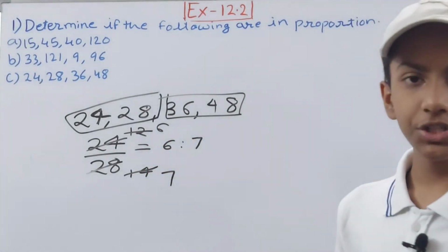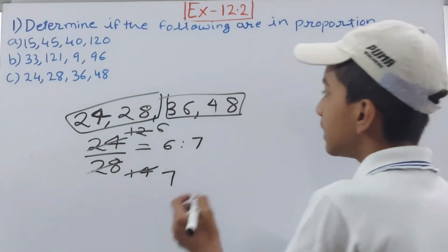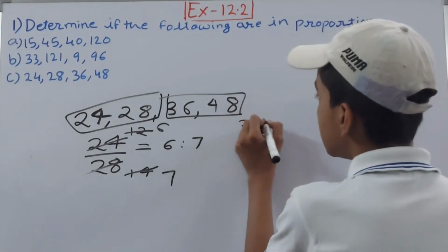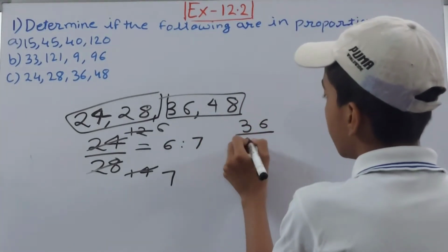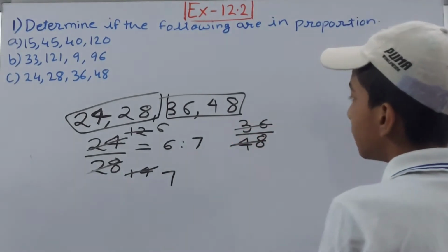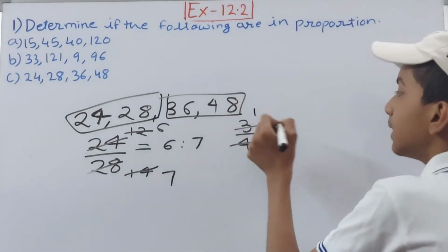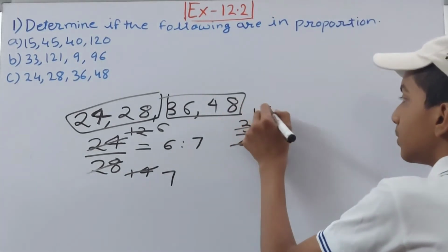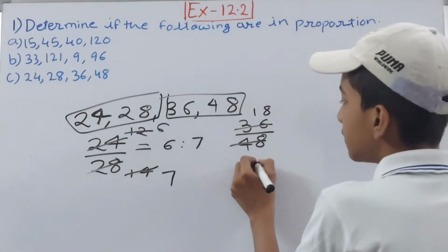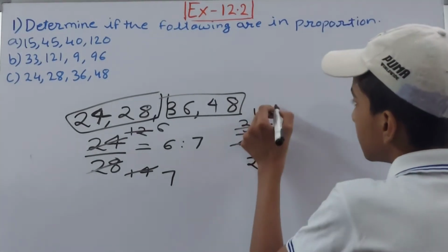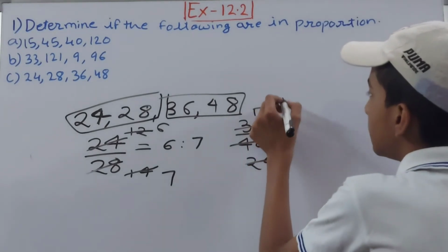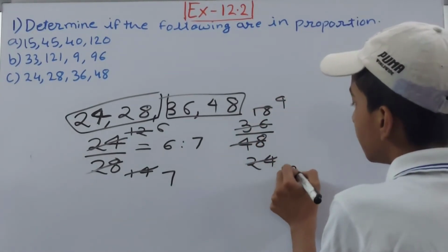So this is one ratio. Another one is 36 upon 48. Again by 2 I will divide this, so 18 upon 24. Now by 2 once again, this will be 9 and 12.